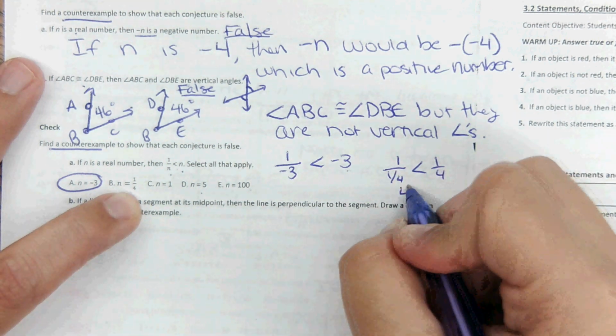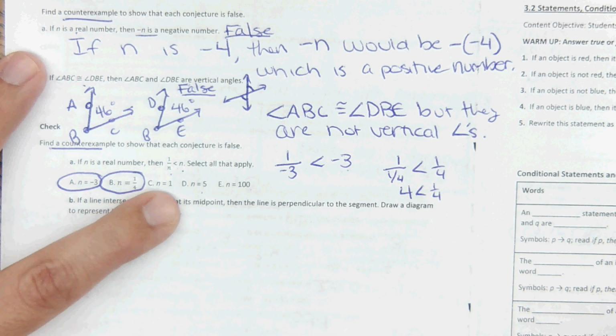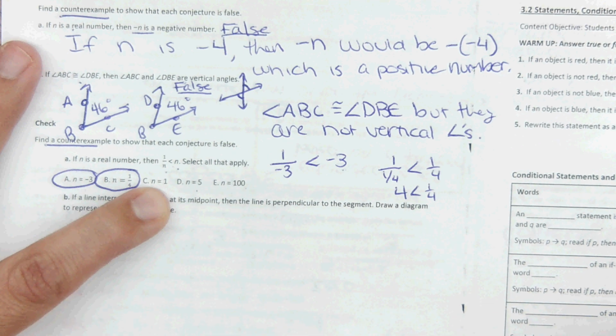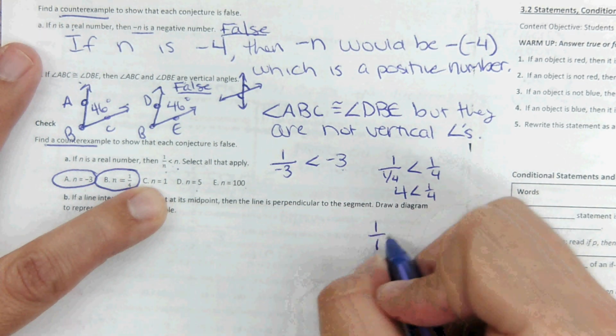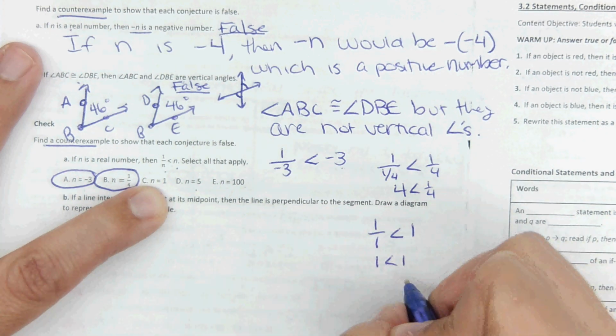If n was 1/4, 1 divided by 1/4 would be 4, and 4 is not less than 1/4. So this would also be a counterexample. For this next one, 1 over 1, would that be less than 1?